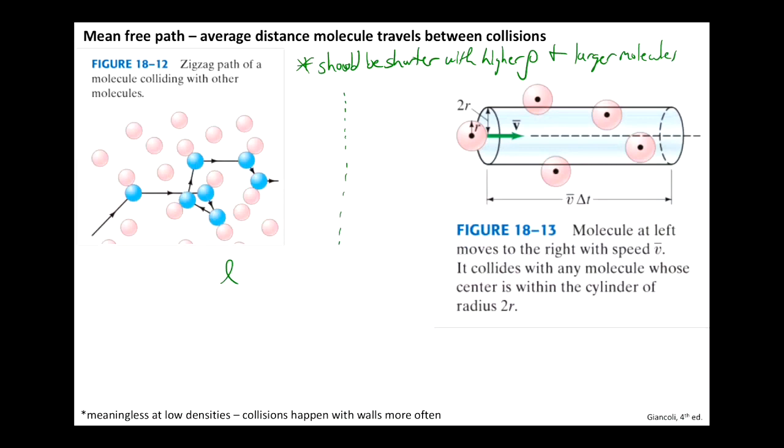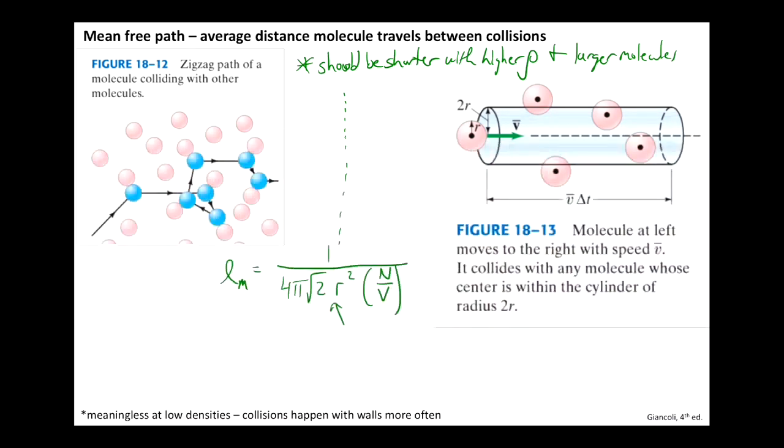The mean free path is given by L sub m, and it's equal to 1 over a bunch of stuff: 4 pi times the square root of 2 times r squared times N over V. N over V would be a description of density.